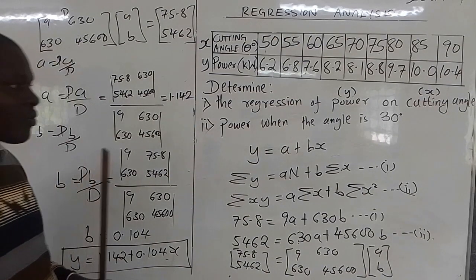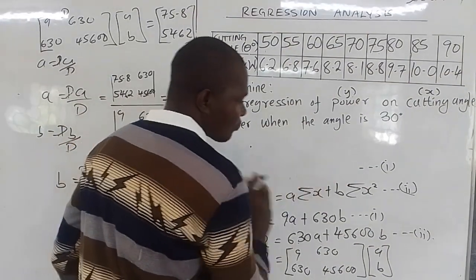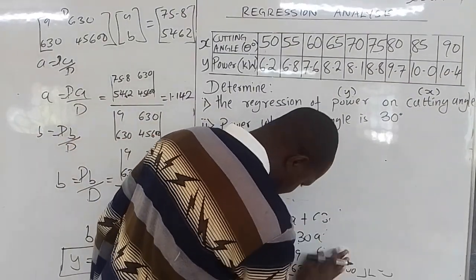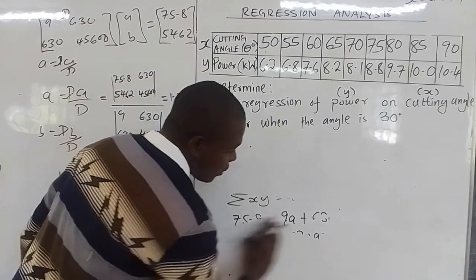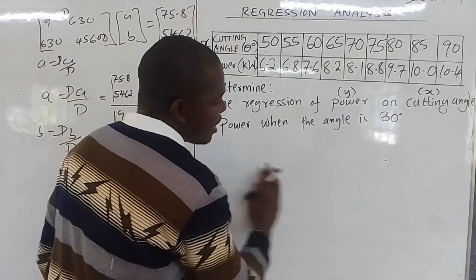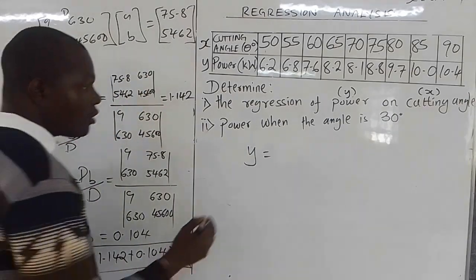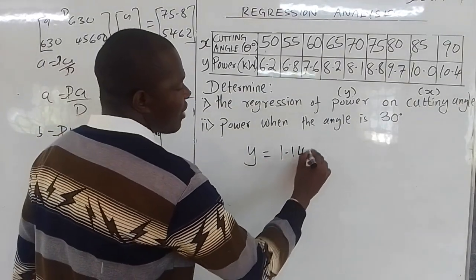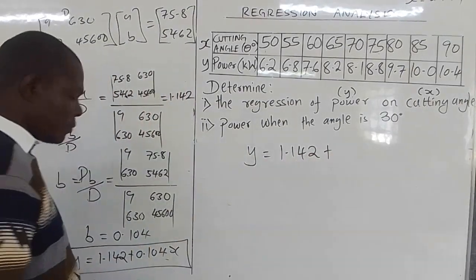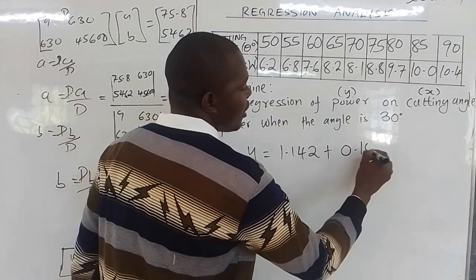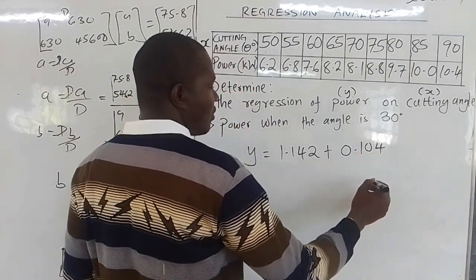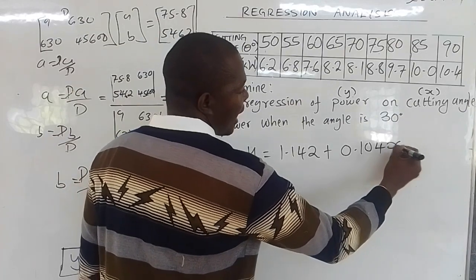Having answered the first part of that question, you go to the second part, isn't it? So the first part you found Y to be equal to 1.142 plus 0.104x.